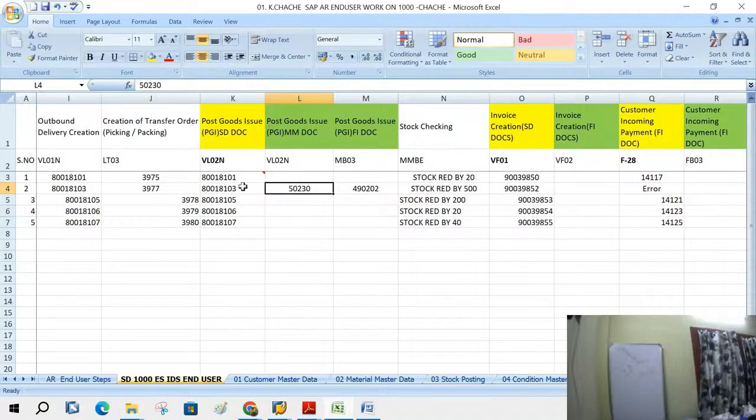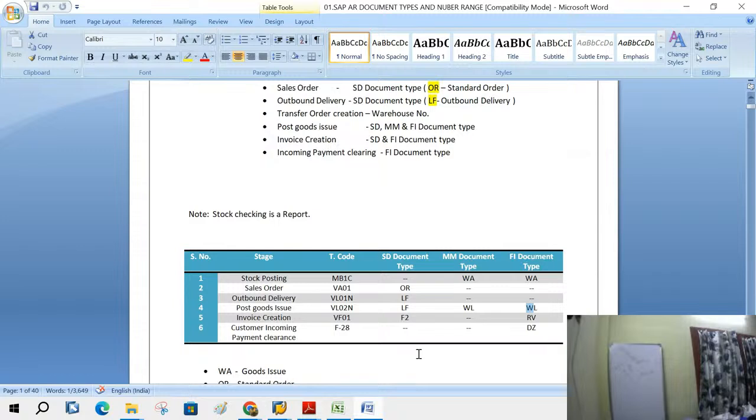And from this, I went to VL02N and got my document type WL, correct? From the WL, I got my FI WL, correct? So this is the stage.